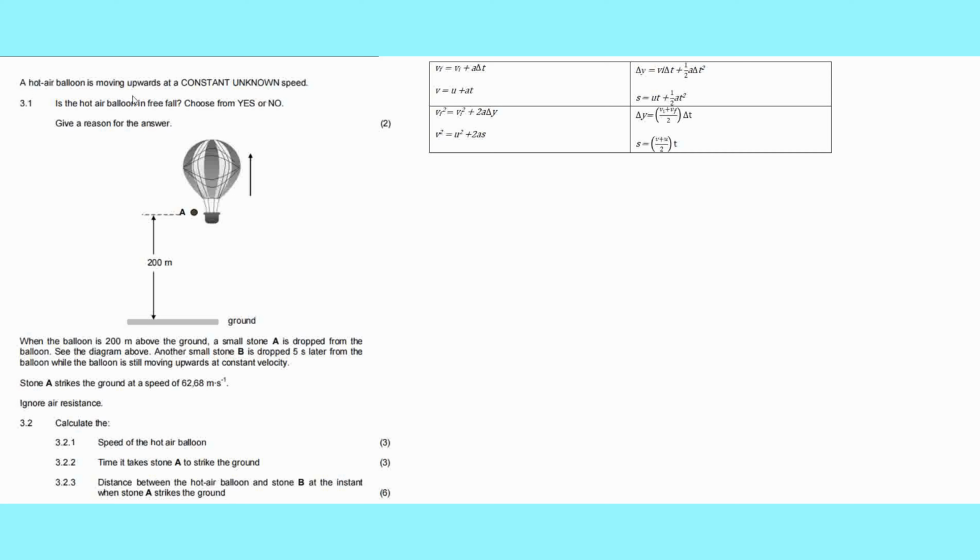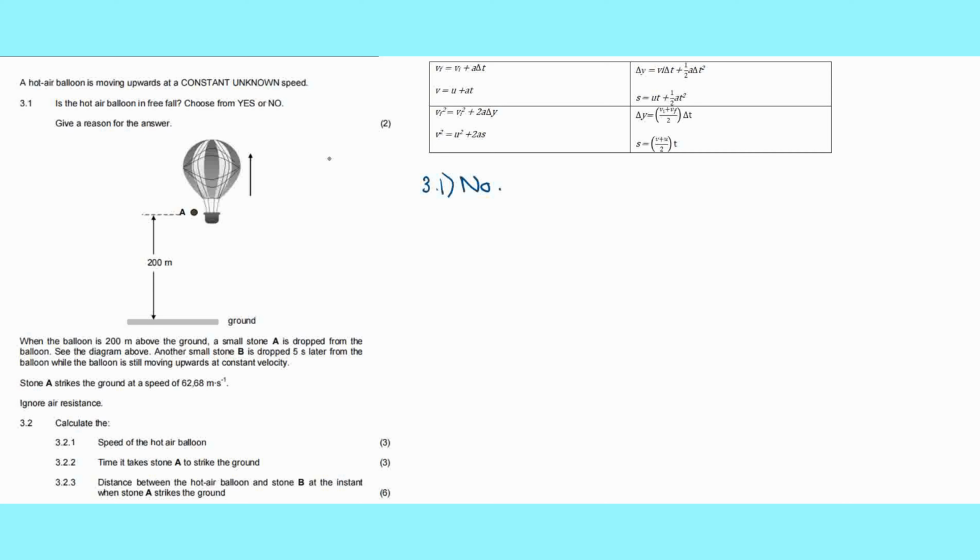A hot air balloon is moving upward at a constant unknown speed. Is the hot air balloon in free fall? Choose from yes or no and give a reason for the answer. Well, no, it is not in free fall, and the reason for this is because it is traveling at constant velocity.